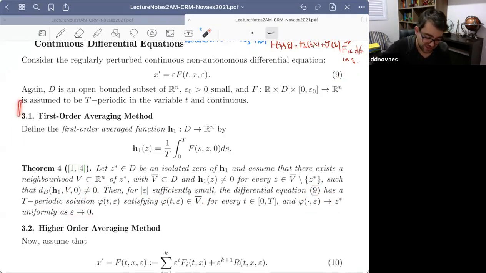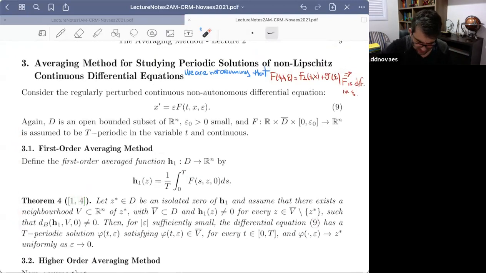Okay, so this is the first order averaging method for continuous, and only continuous, differential equations in the standard form. This theorem in this context is proved here, but it has already appeared in this paper.